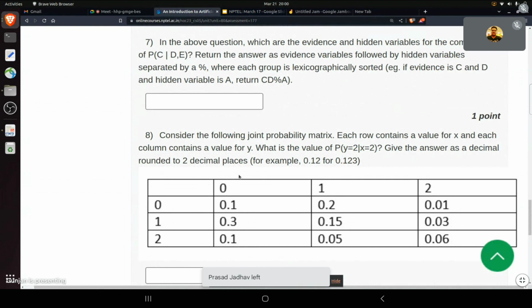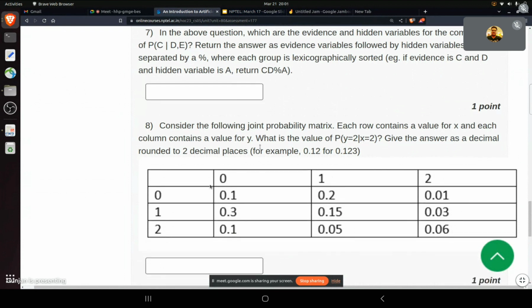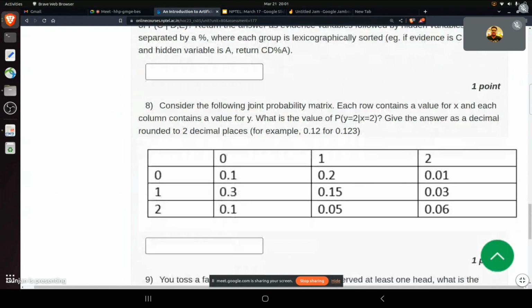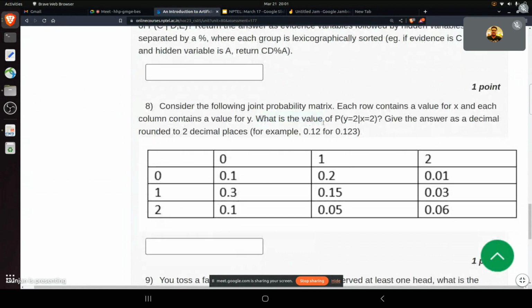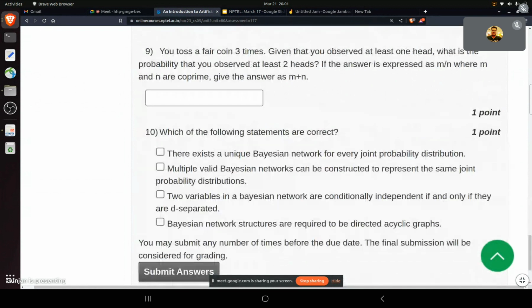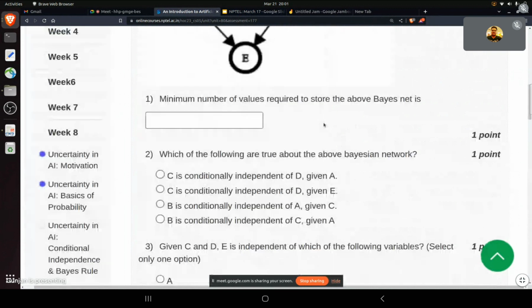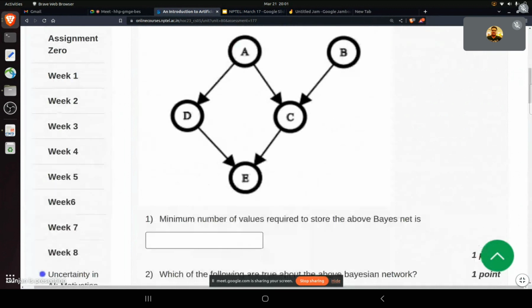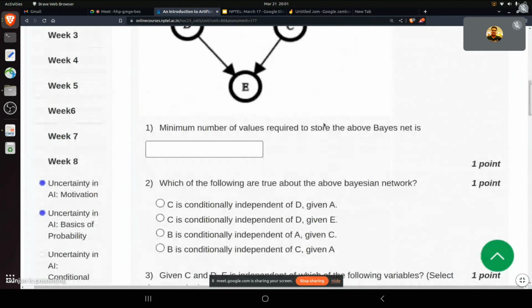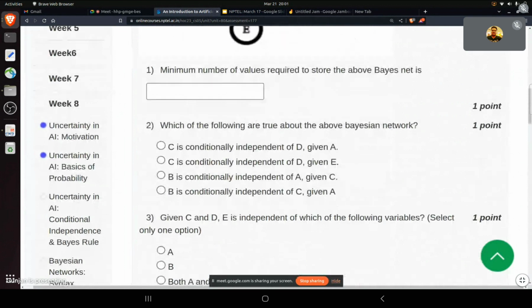Here also you have a probability table, and once you get the final expression, you will get the answer. Anyways, I hope you won't have any hard time, because if you are able to solve this conditional probability problem, then you will not face any problem.